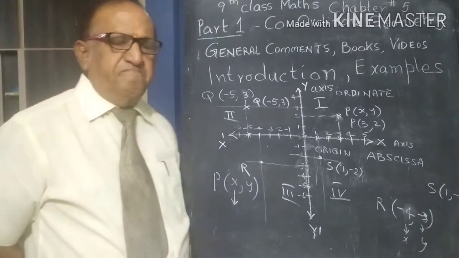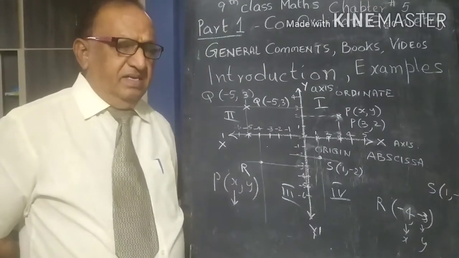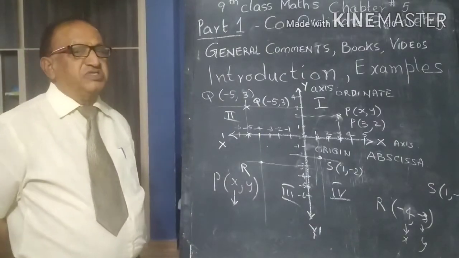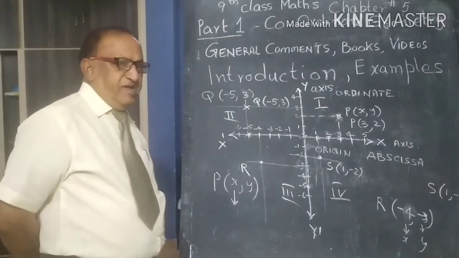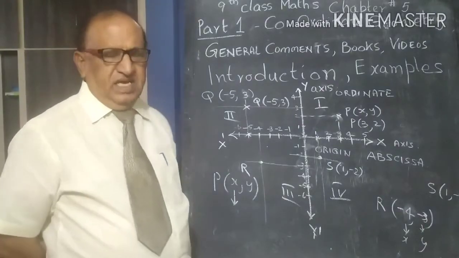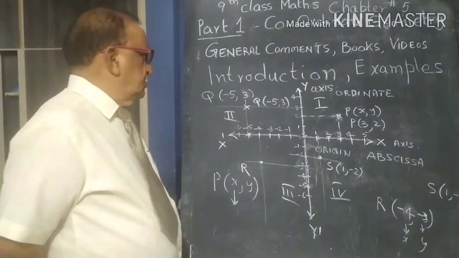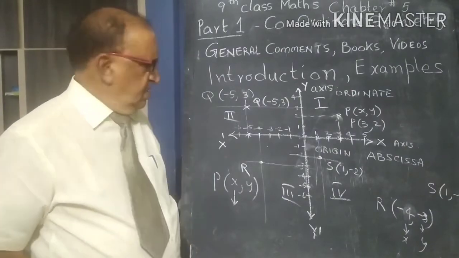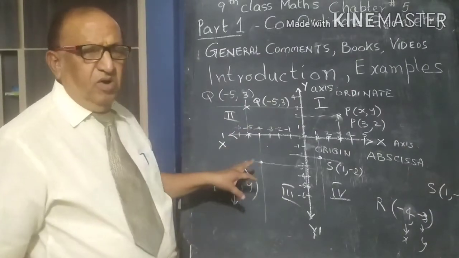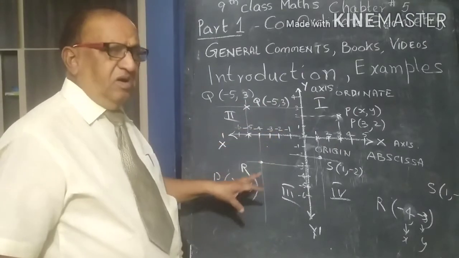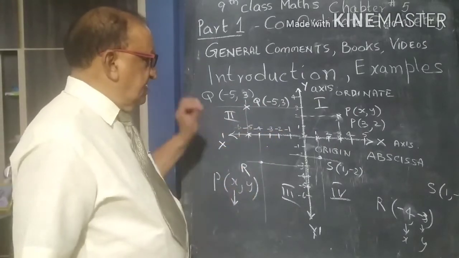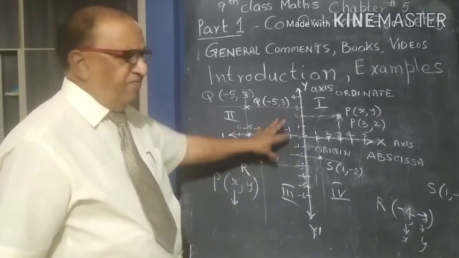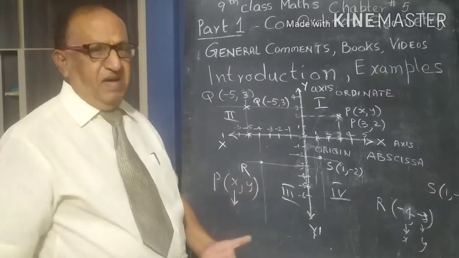So you can see, by giving the coordinates P(x, y), the values of x and y, you can locate the point, whether it is in the first, second, third, or fourth quadrant. And this is where all the points are represented on plain graph paper. For this, we use graph paper.